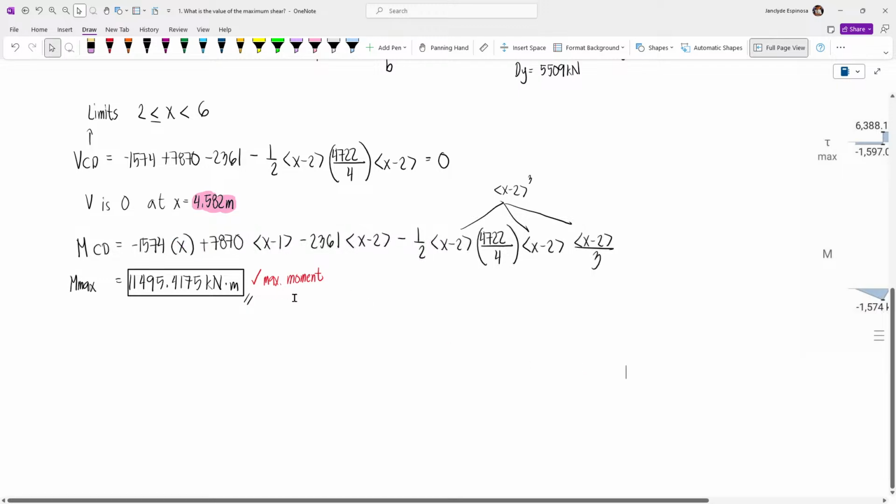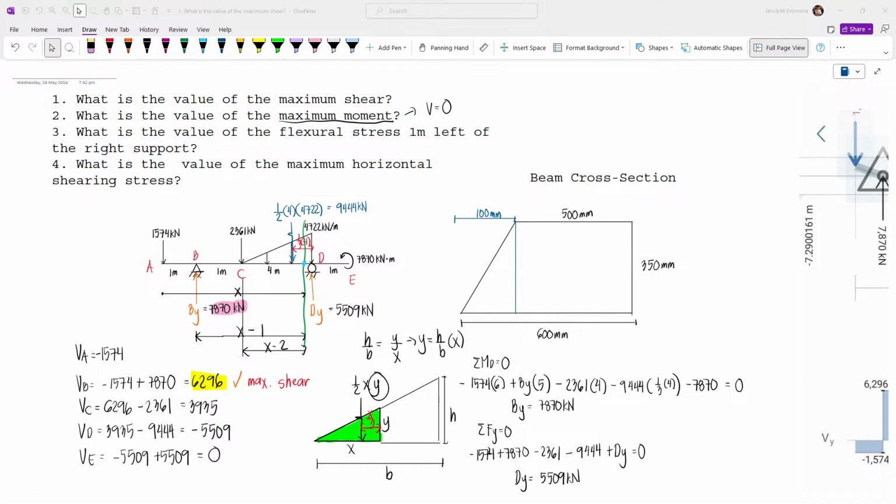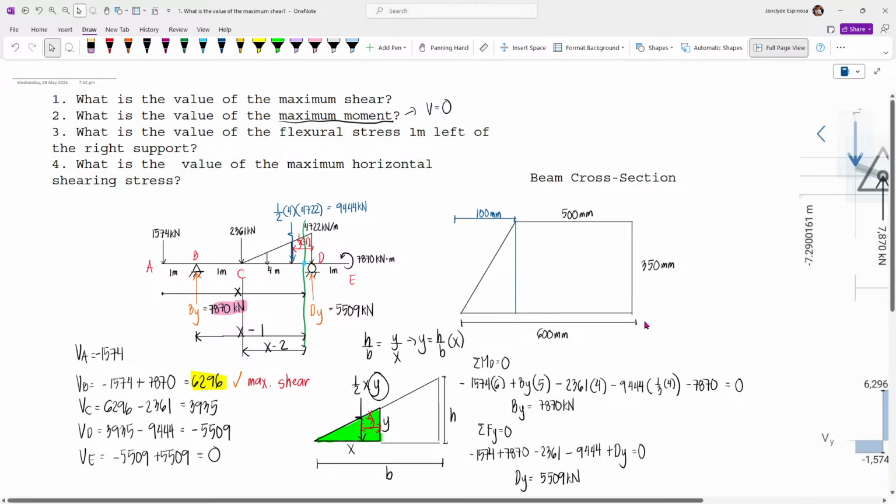So for the x there, I'll replace it with the distance for number 3. Solve for I, and then plug in the moment value.